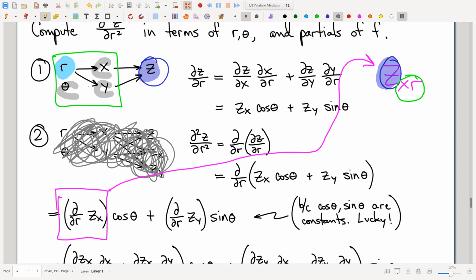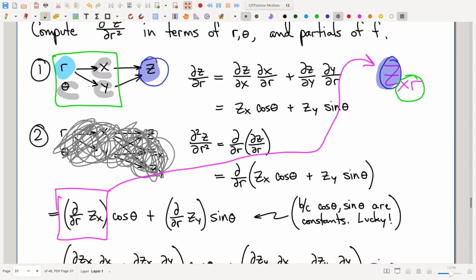You can't fiddle with r but insist that x and y are not allowed to change. X and y depend on r. You change r, you will be changing x and y. So this doesn't make any sense. That's just a bunch of nonsense. It's garbage. So heads up, don't write that down. That's a bad look. Doesn't mean anything.